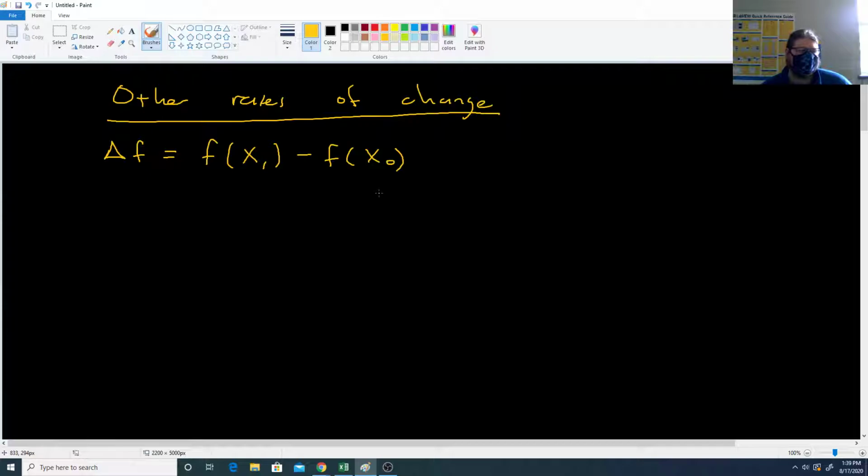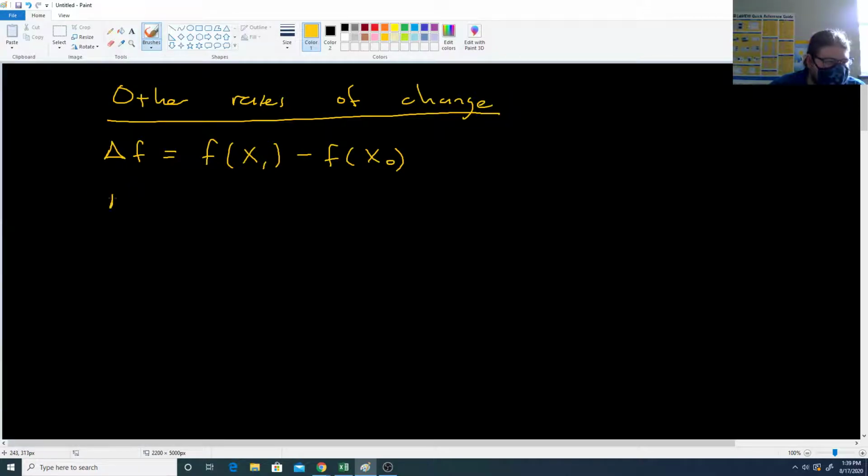You could say how is temperature changing as a function of current, or how is money changing with respect to maybe interest rate or something else that's not time. And these are rates of change that we can talk about.